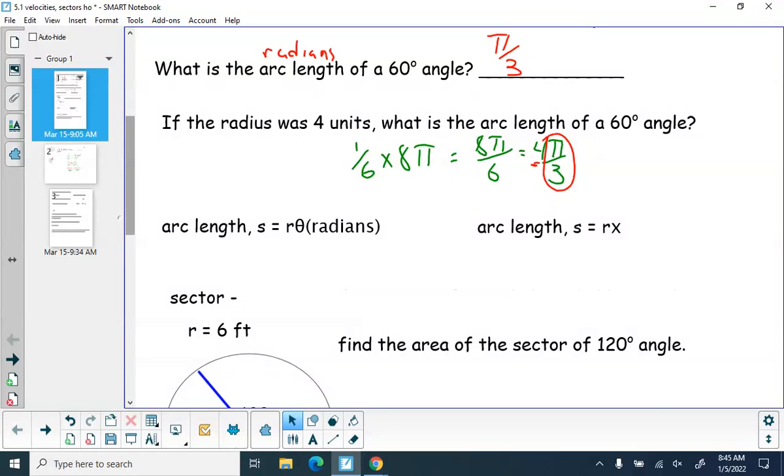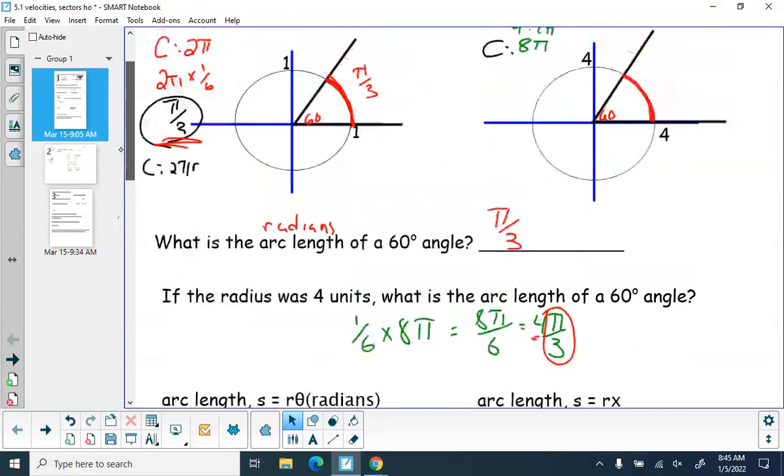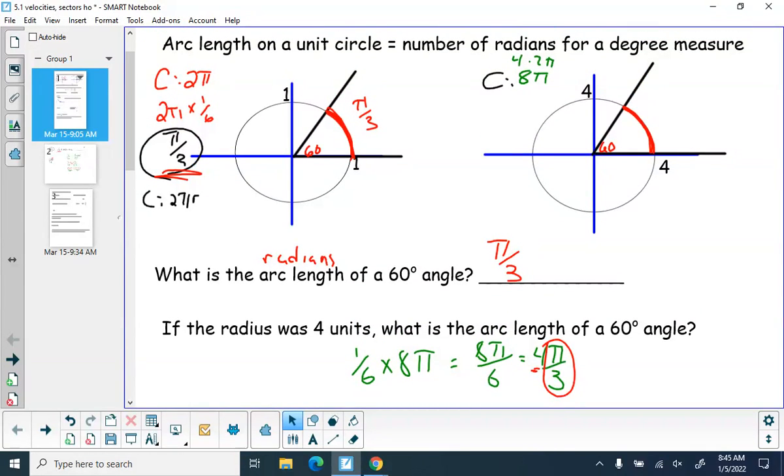So when dealing with the arc length, we're trying to find the measure of an arc length. We could multiply by whatever fractional part we have to the entire circumference, or we could take the number of radians we have in our degree measure and multiply it by the radius.